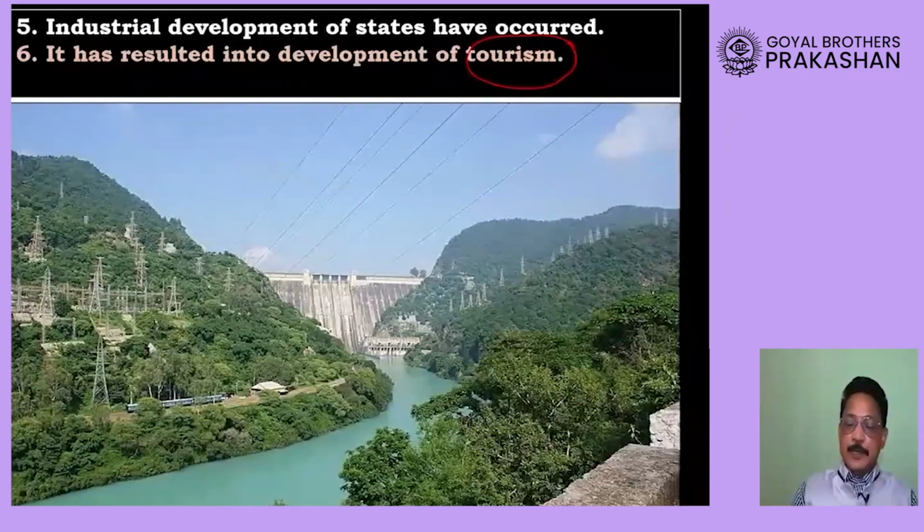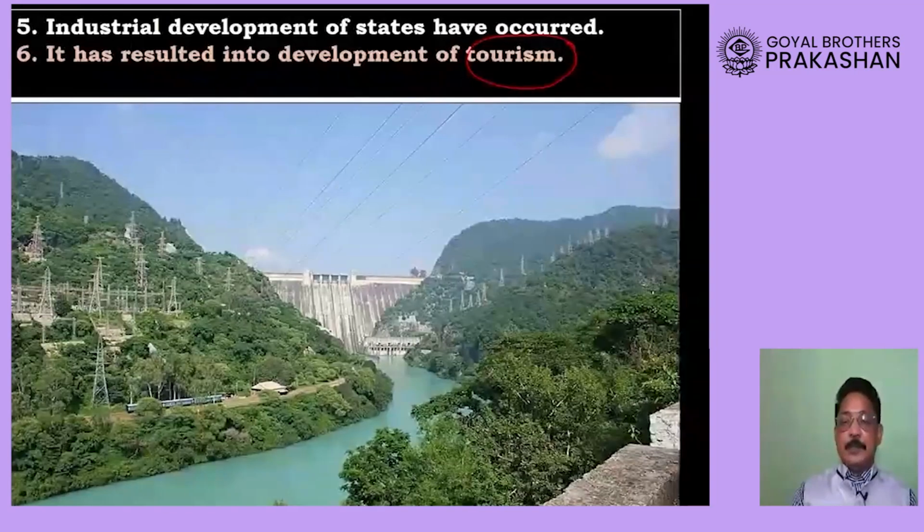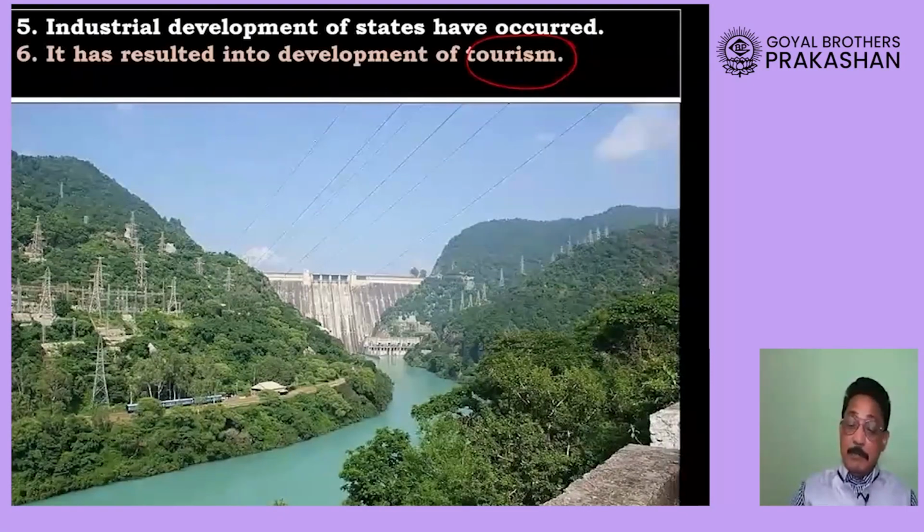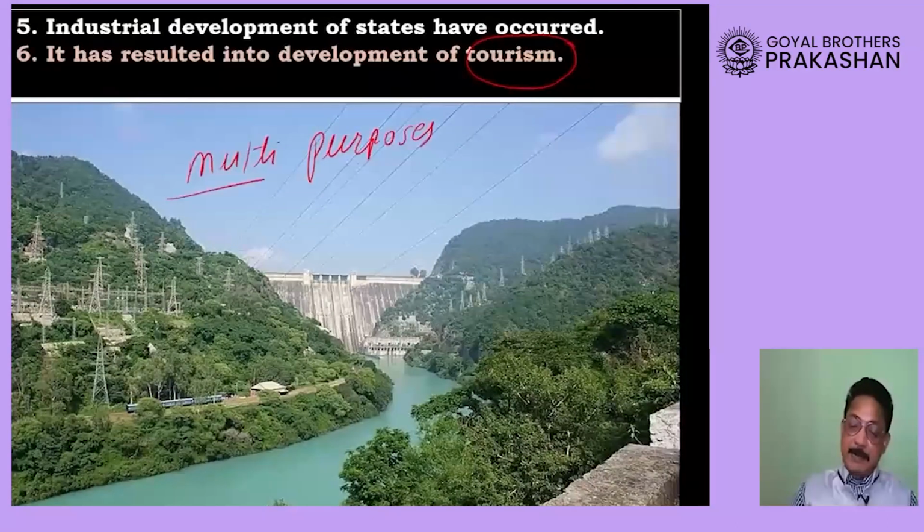So please remember, dear students, that whenever a particular dam is used for carrying out so many developmental projects, where we are using water to generate electricity, carry out irrigation, transport, and we are also developing it as tourism, this dam is able to fulfill many purposes, and such a dam is called a multi-purpose dam.